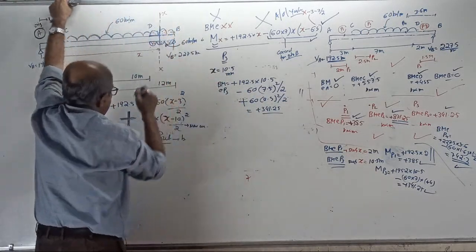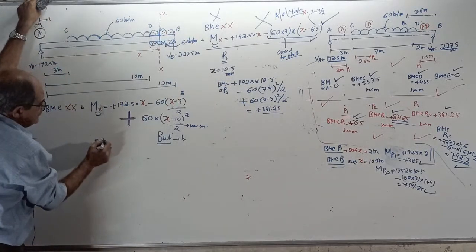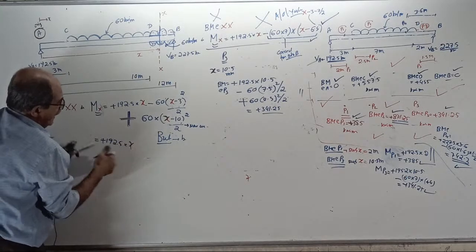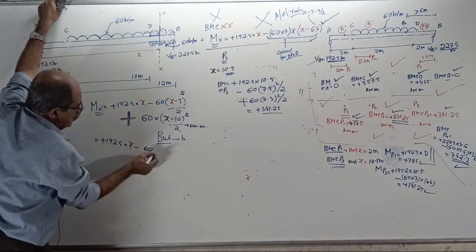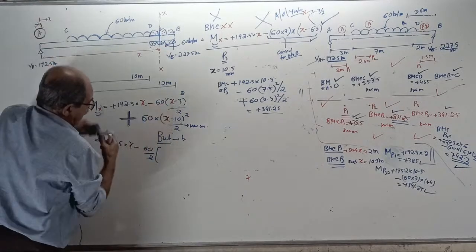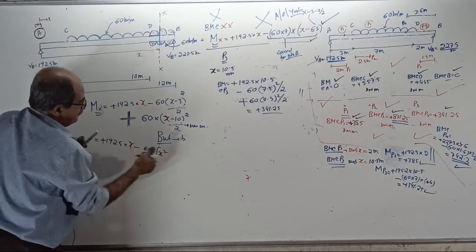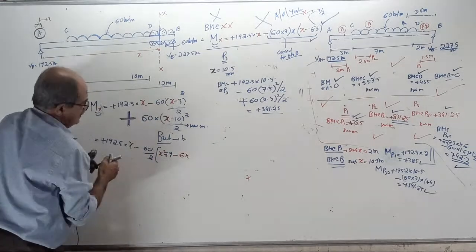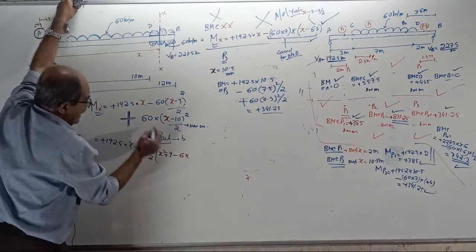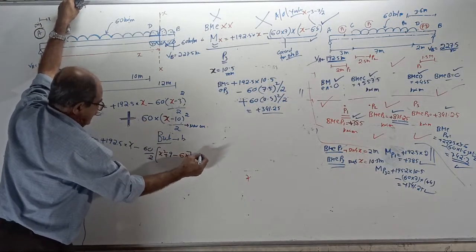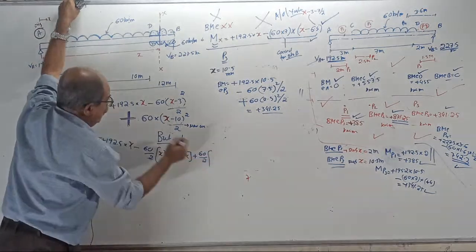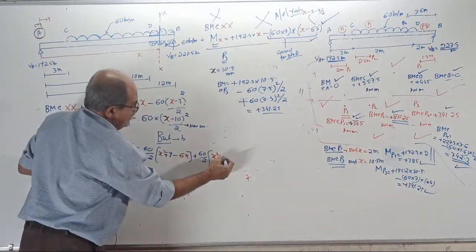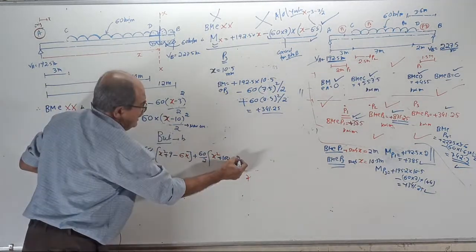Then this equation will become plus 192.5 into x, minus 60 by 2 into (x square plus 9 minus 6x). Then again plus 60 by 2 into (x square plus 100 minus 20x).